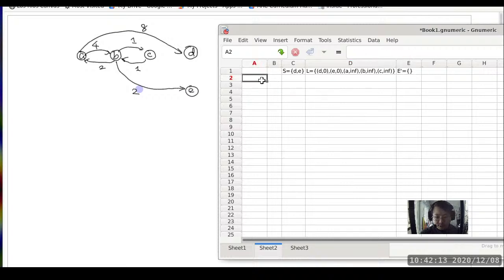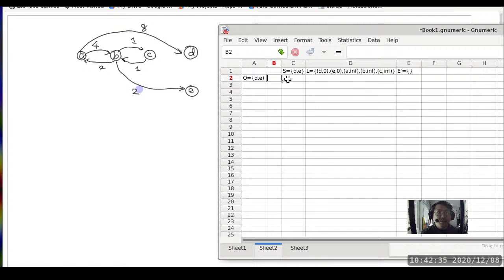So now that we are going to start the algorithm, we start with Q before the loop. Q is initialized to the same as S, the set S. So we have D and E in that particular set. And that's the only thing we need to initialize before we get into the loop.